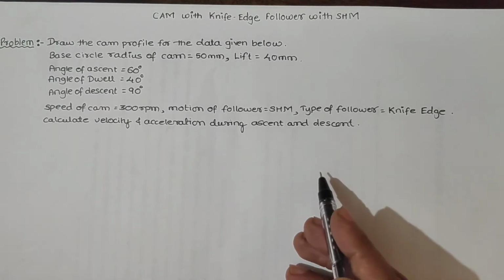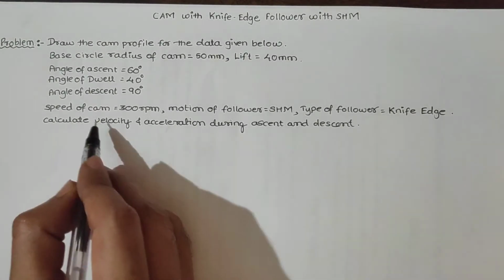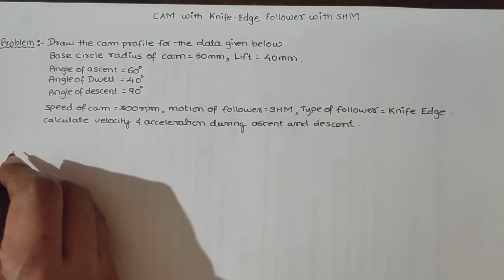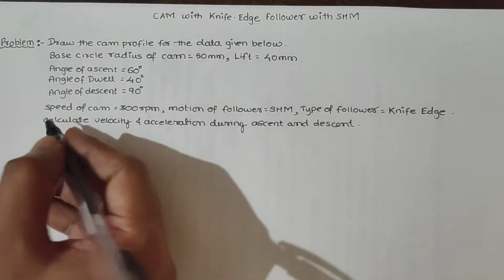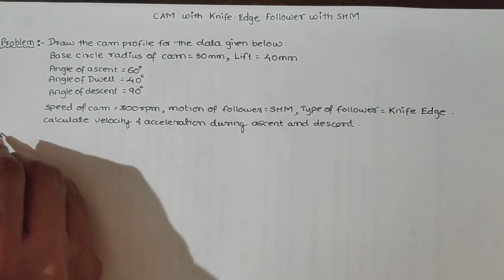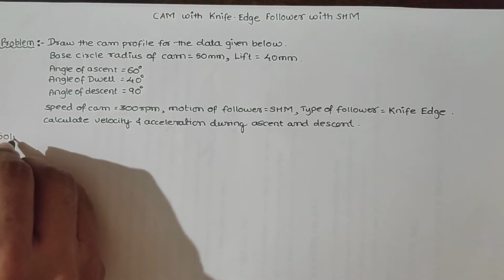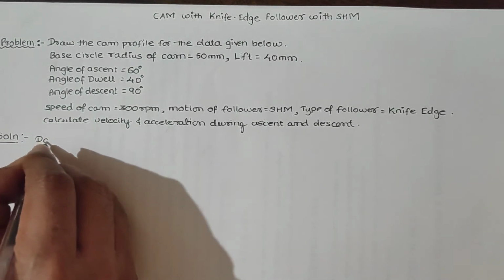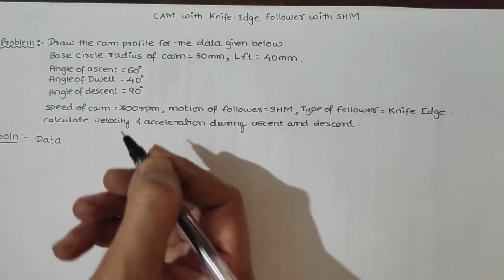So let's find out the velocity and acceleration, then we'll go for the problem, that is drawing the cam profile. For that, let's write the data and solution. In the solution we are having the various data.